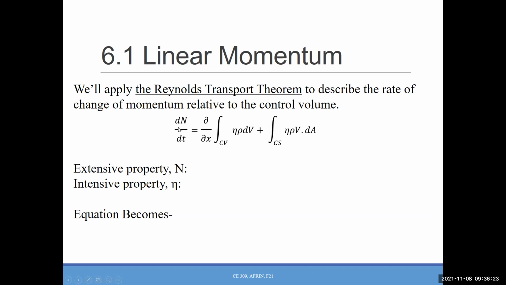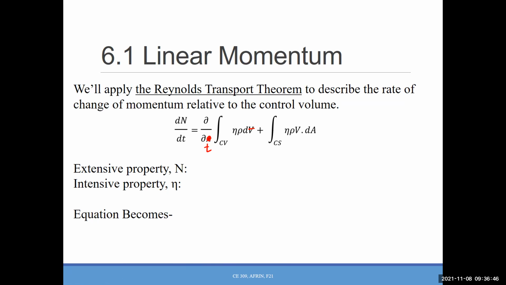We discussed that, right? Now, there is one typo here. That should be t, not x. That should be d over dt, CV, eta rho dV, and that should be the volume.